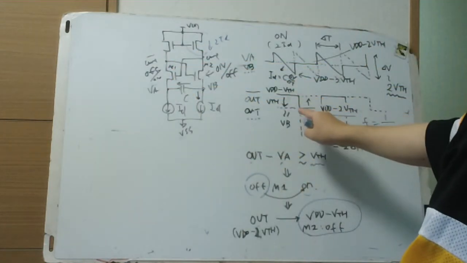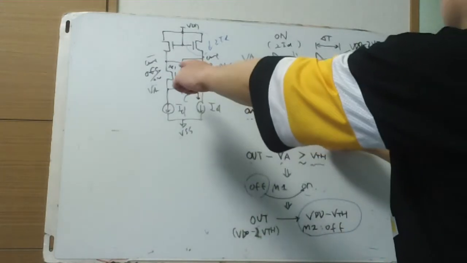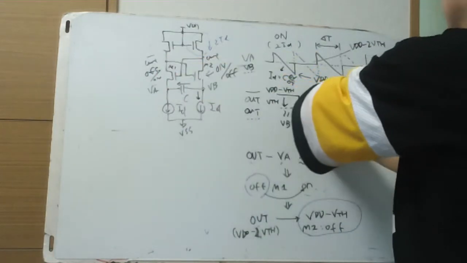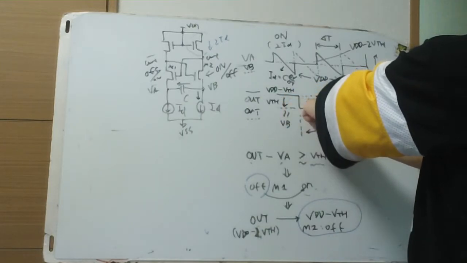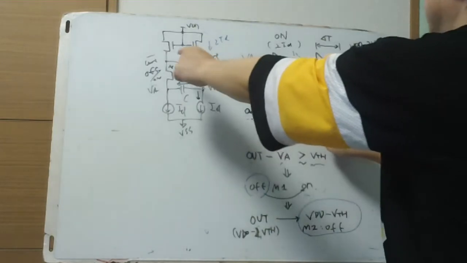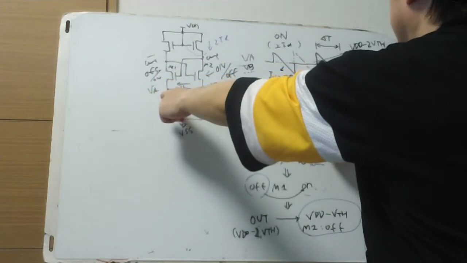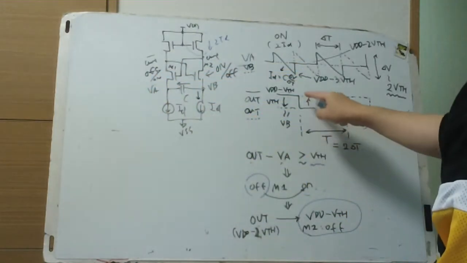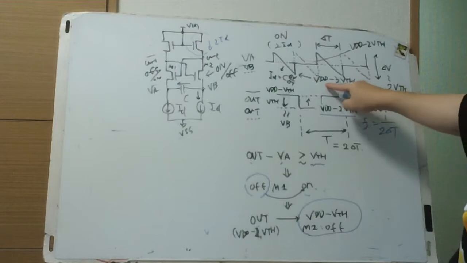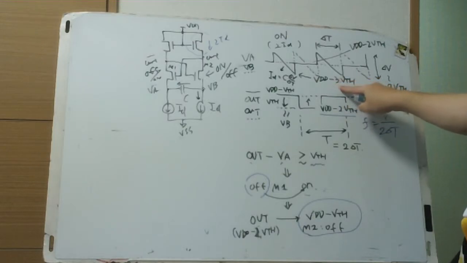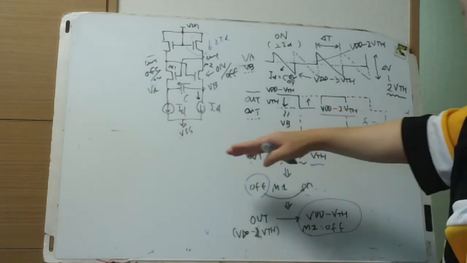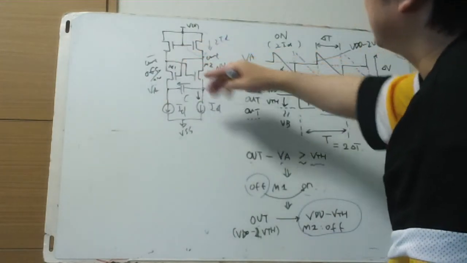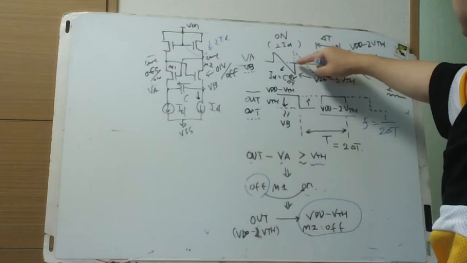Out is going to VDD minus 2 VTH this time. On the other hand, out exchanges, and the 2 VTH goes from VA. VA equals VDD minus 3 VTH plus 2 VTH, pushed up by VTH.